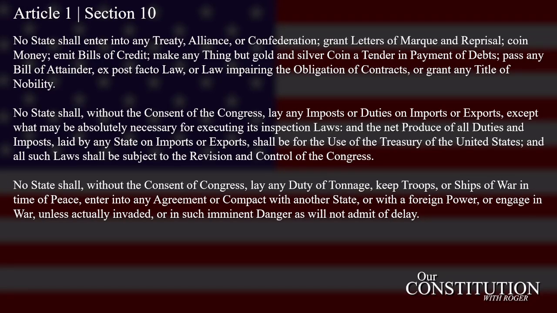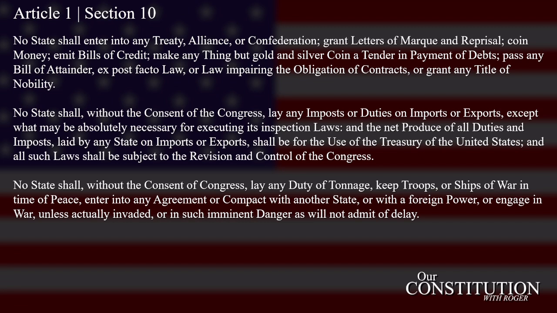And Section 10 reads, "No state shall enter into any treaty, alliance, or confederation, grant letters of marque and reprisal, coin money, emit bills of credit, make anything but gold and silver coin a tender in payment of debts, pass any bill of attainder, ex post facto law, or law impairing the obligation of contracts, or grant any title of nobility.